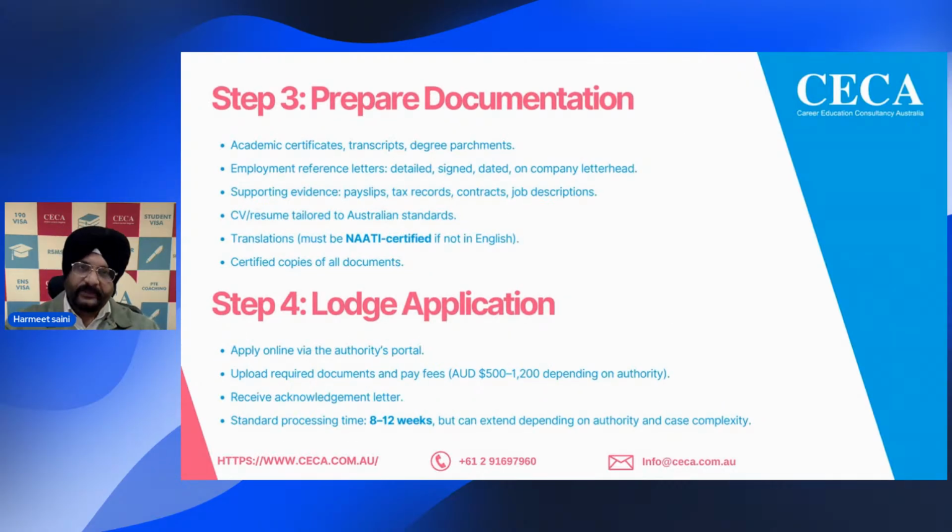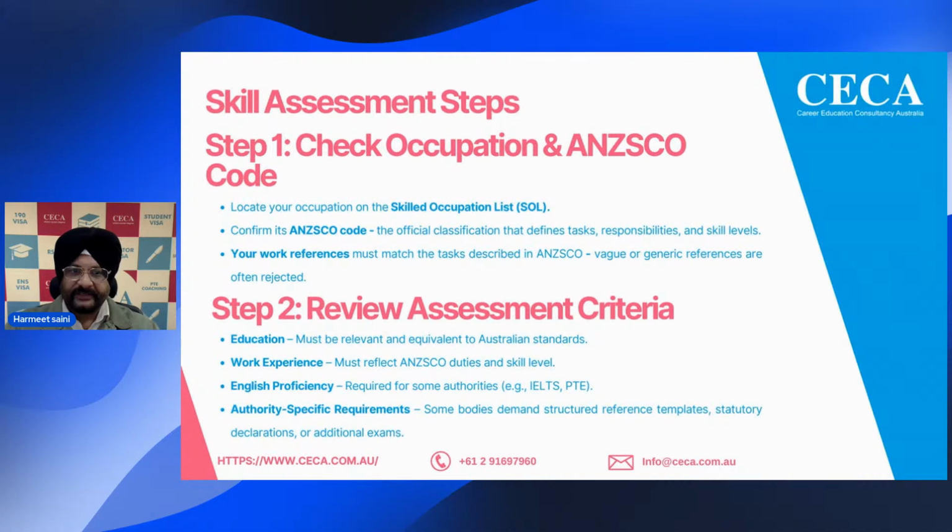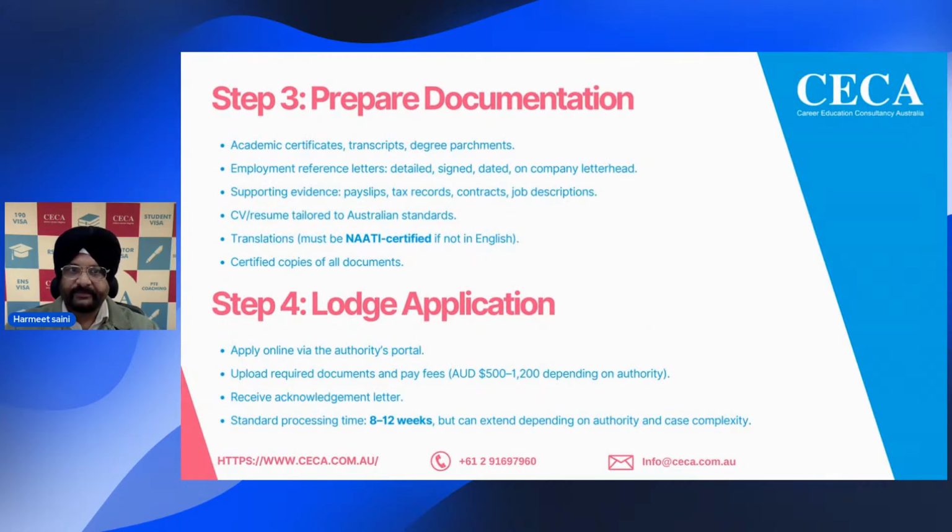And the third step: when you have selected your occupation and reviewed that your education and work experience align, the next step is to prepare the documentation. You need to provide your certificates, transcripts and completion letters of your qualification to the assessing authorities.